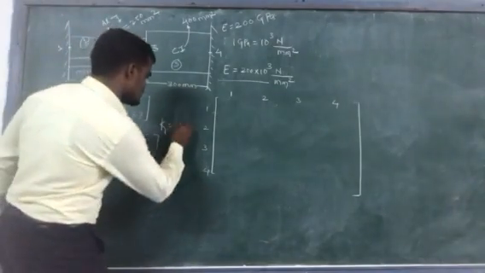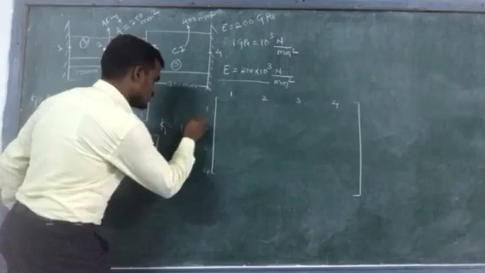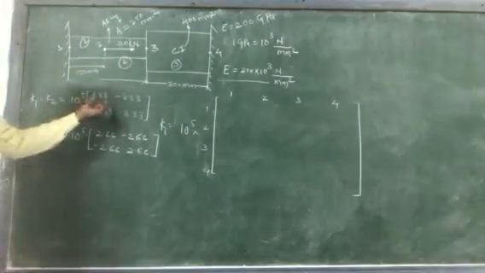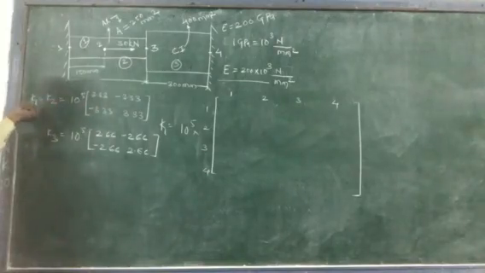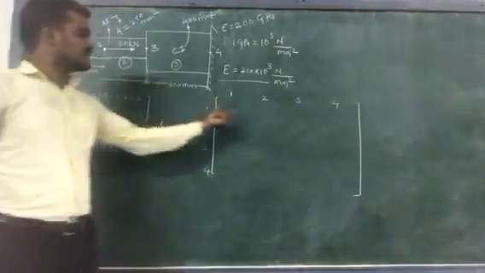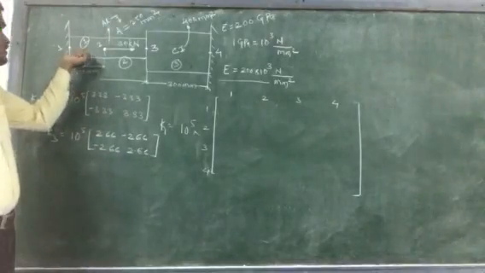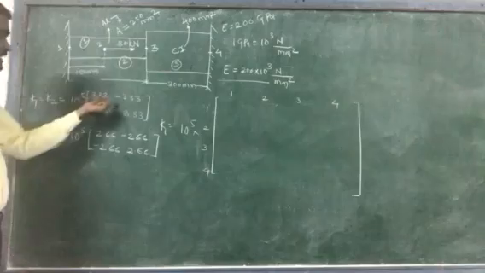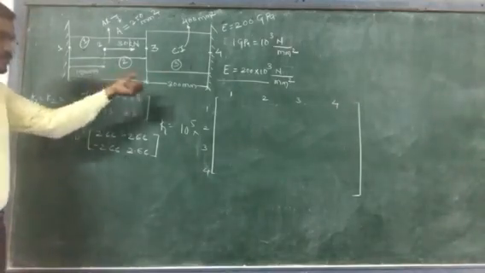So take this 10 raised to power 5 as common. Now write down the first elemental stiffness matrix globally. As we know, the position of the first elemental stiffness matrix is between node 1 and node 2, so we need to write this matrix between positions 1 and 2.